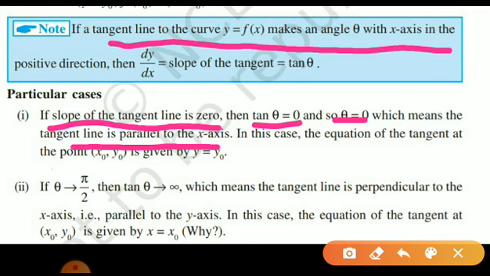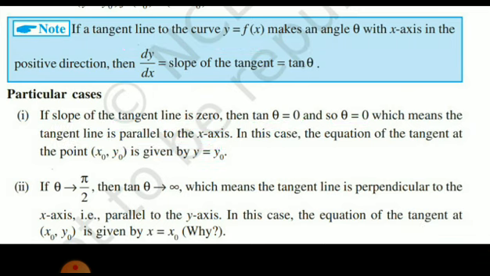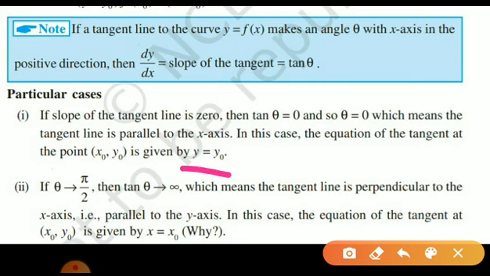Now since it is parallel to the x-axis, the equation of a line parallel to the x-axis is always y equal to something. So can I write the equation of the tangent at point (x naught, y naught), when the slope of the tangent is 0, as y equal to y naught?